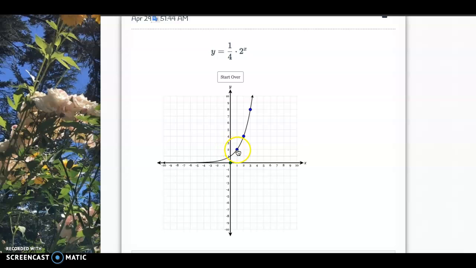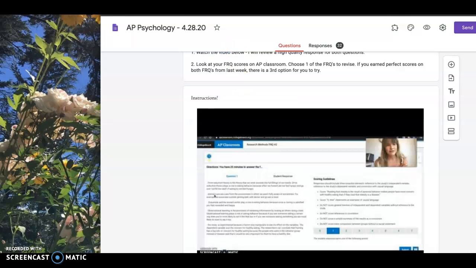Again, I'm going to be looking along the y-axis, and I'm going to be multiplying my y-coordinate by 1/4. So I'm going to be doing 2 times 1/4. Let me pull up a calculator.